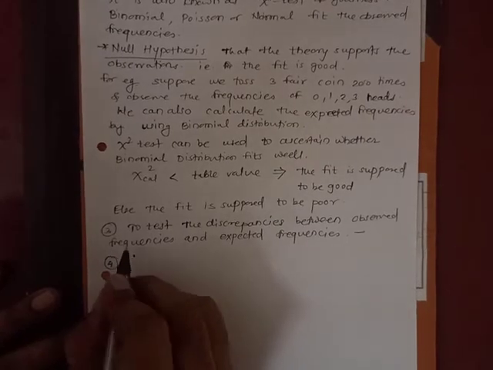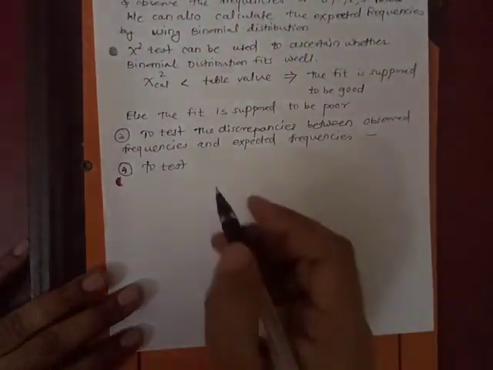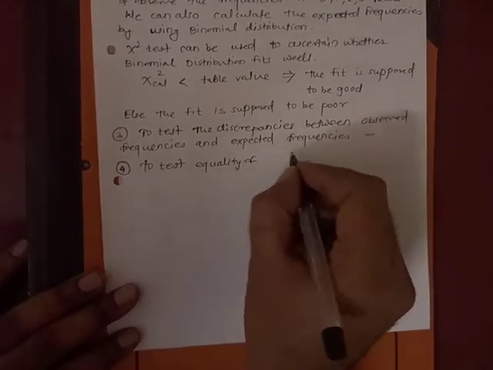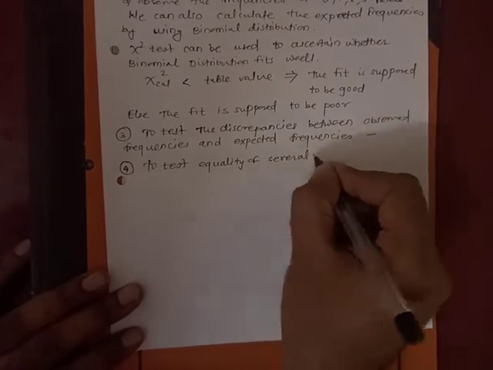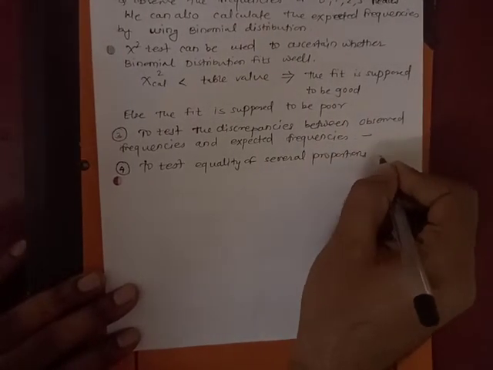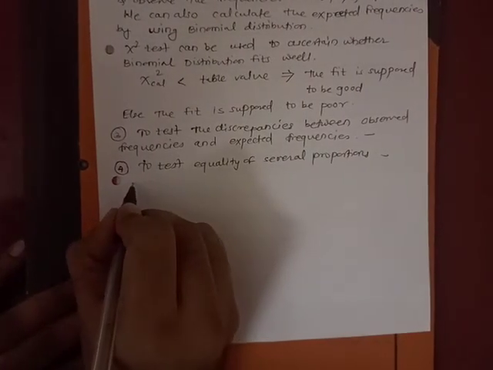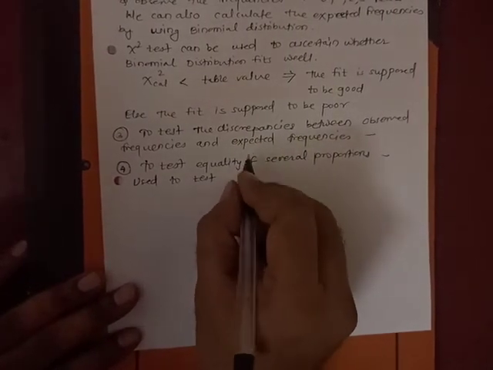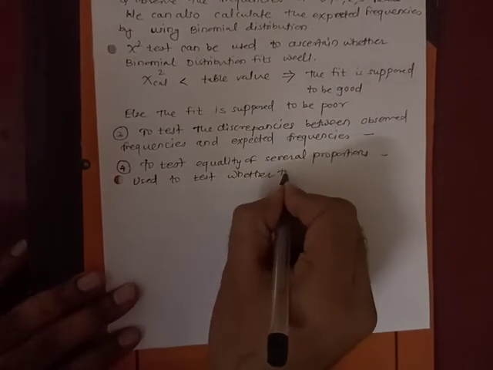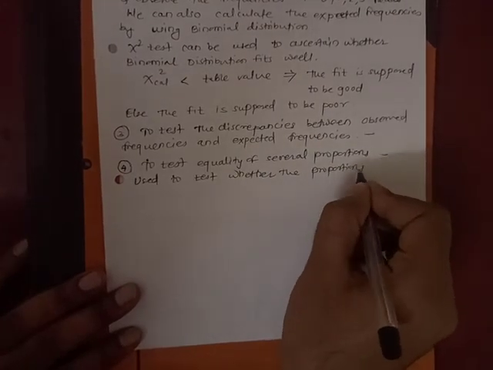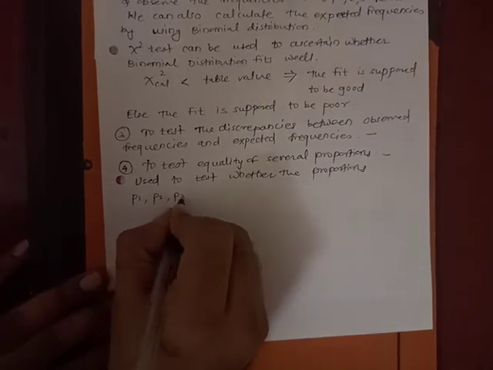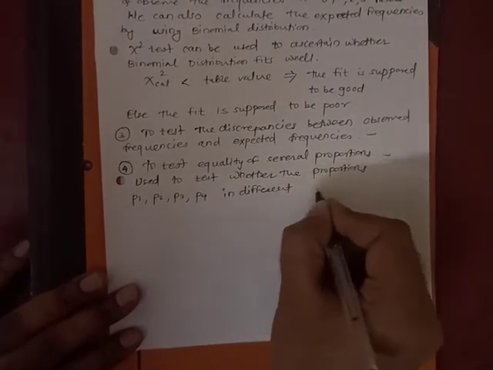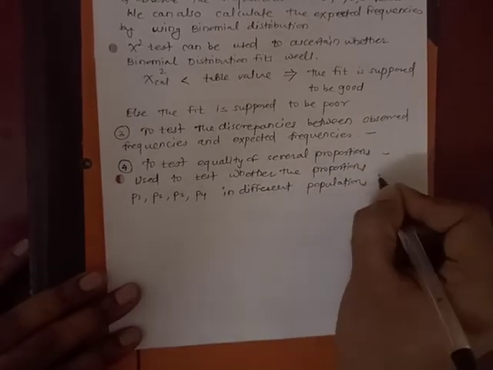Fourth is to test equality of several proportions. Chi-square test can also be used to test whether the proportions P1, P2, P3, P4 in different populations are equal.